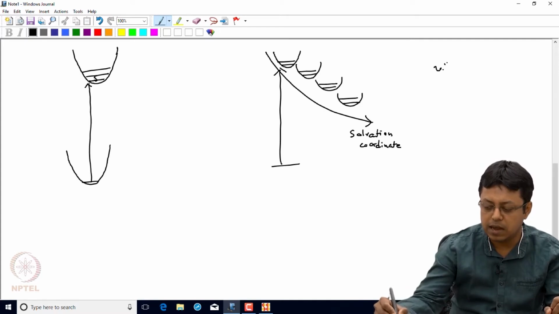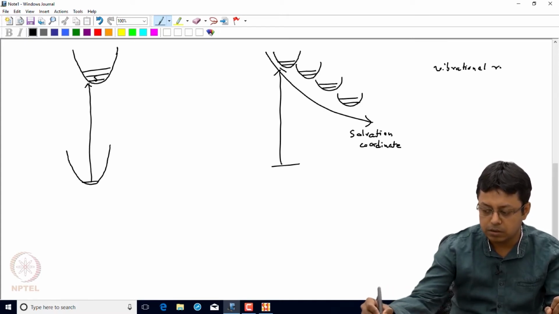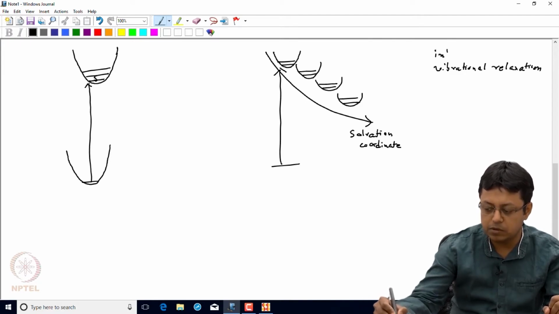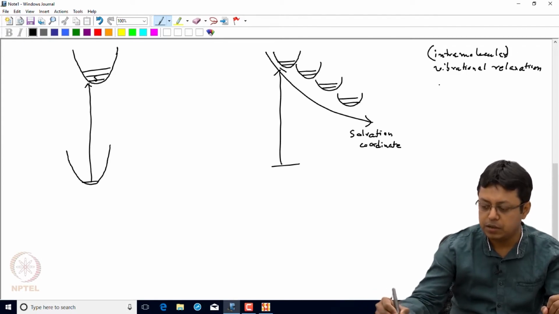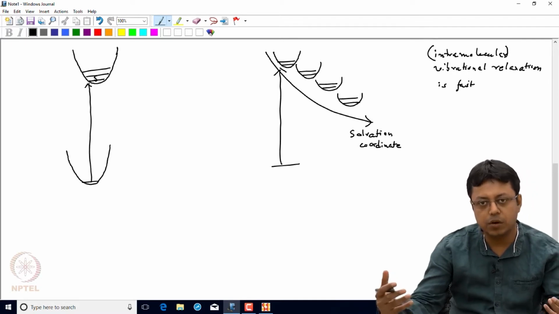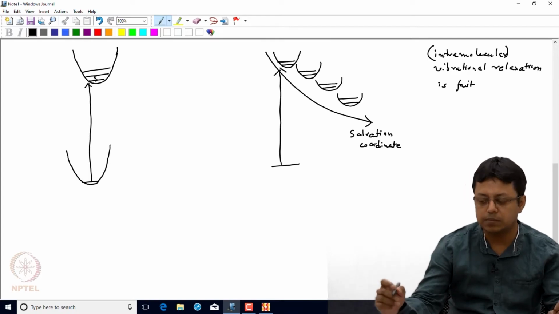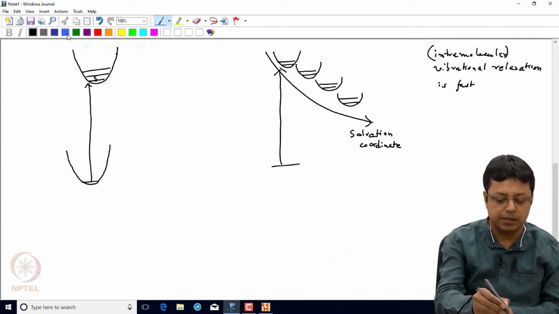So here the assumption we are making is that intramolecular vibrational relaxation is fast. And how fast is it? It actually completes within 1 picosecond or a few hundred femtosecond timescale. So again, this is an assumption.